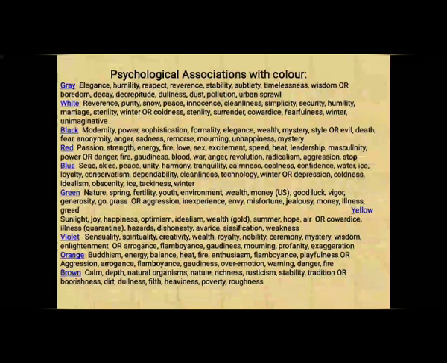weakness. Violet: sensuality, spirituality, creativity, wealth, royalty, nobility, ceremony, mystery, wisdom, enlightenment, or arrogance, flamboyance, mourning. Orange: Buddhism, energy, balance, heat, fire, enthusiasm, flamboyance, playfulness, or aggression, arrogance, over-emotion, warning, danger, fire.